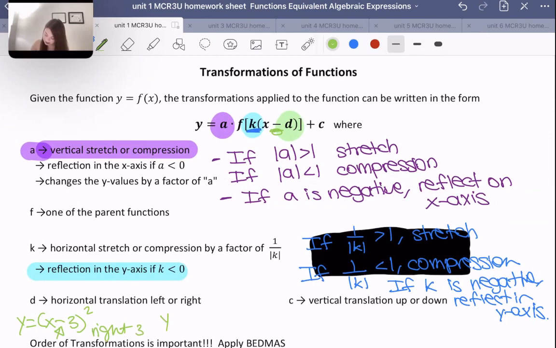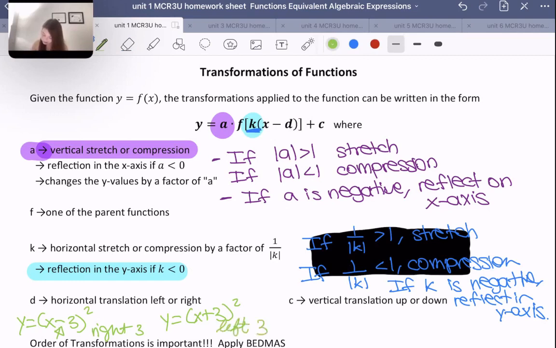Or let's say we have y equals x plus 3 squared. Well, actually, this should be a negative here. And so the only way to get plus 3 is to have negative 3 be the d value, right? If we have negative 3, that makes x plus 3. And so for that reason, this is actually left 3.